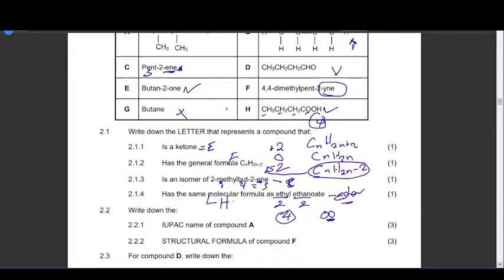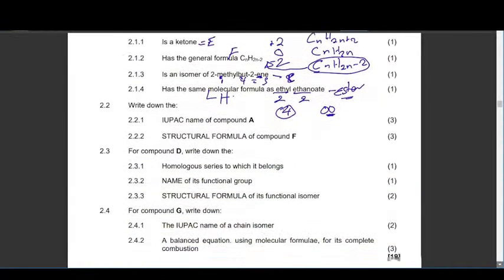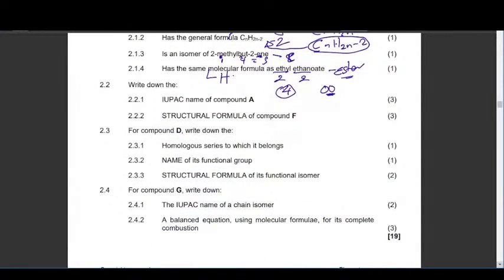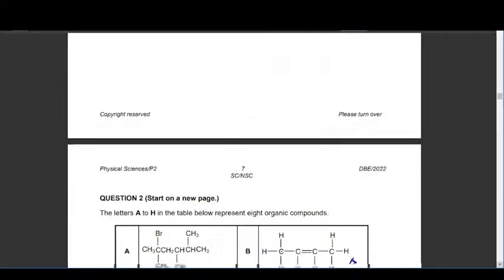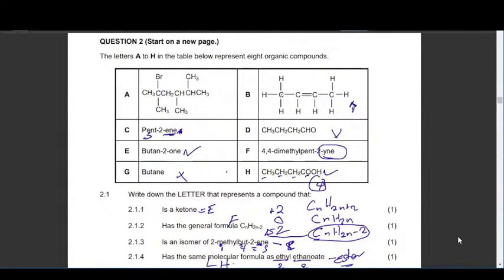They're saying question 2.2, write down the IUPAC name of compound A. Now, if you go back and look for compound A, the IUPAC name of compound A. So let's look at the longest chain.